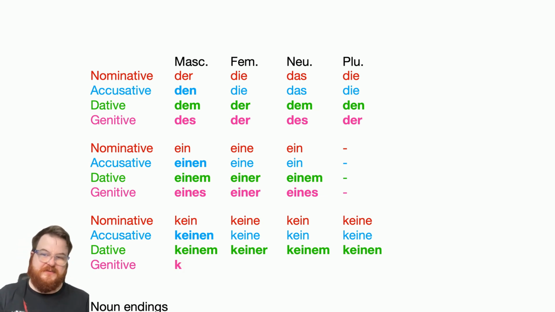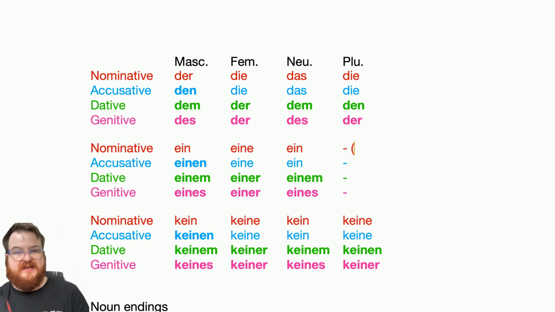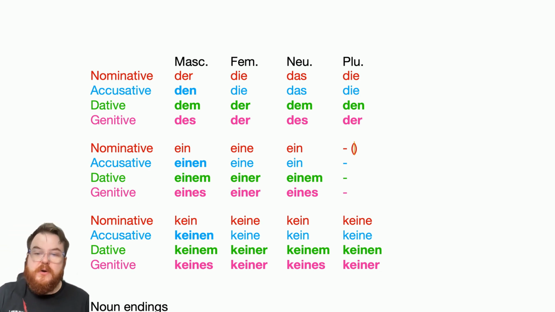So you know what this is, right? Keines. Keiner. Or at least it would be, if I could type. Keines, keiner, keines, keiner. Nice and easy. Now, as we have said, there is no plural indefinite article.